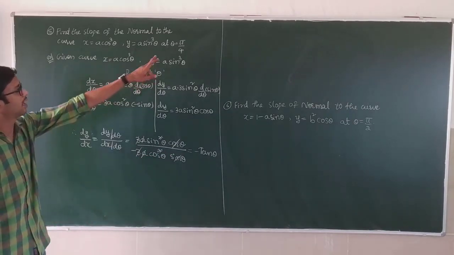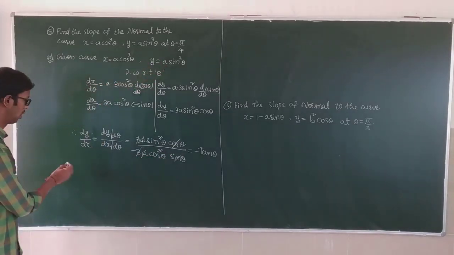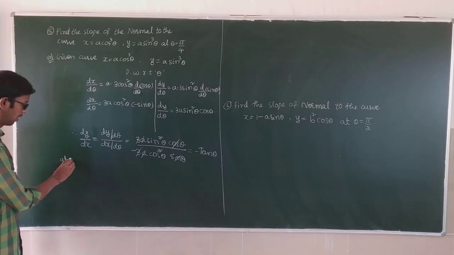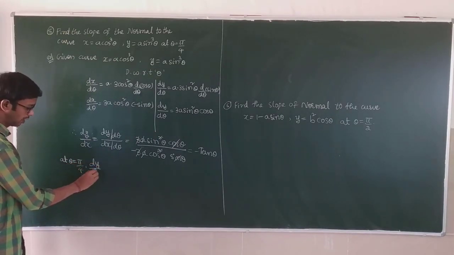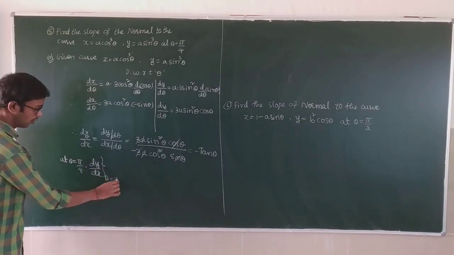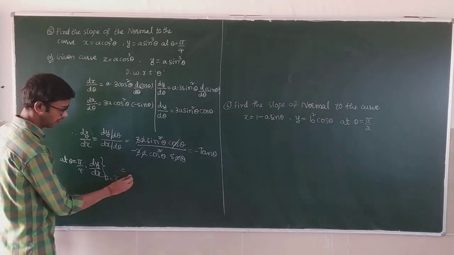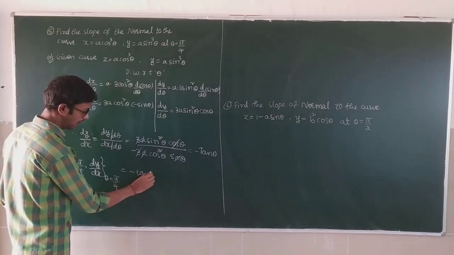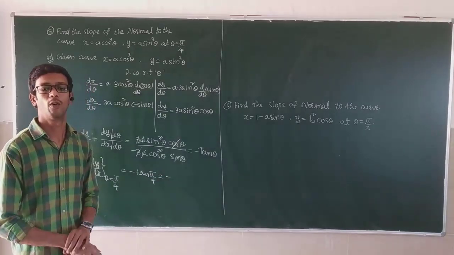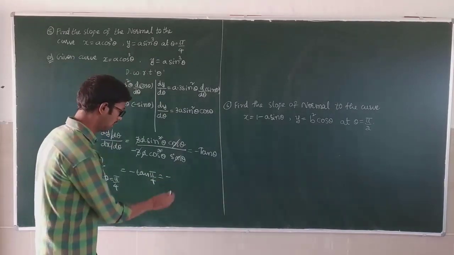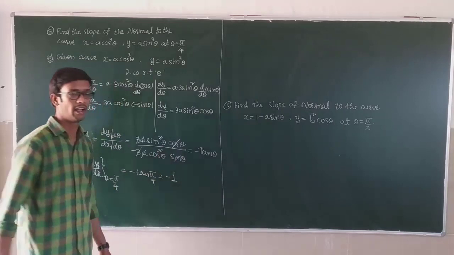At which point is it asking? At theta is equal to pi by 4. So dy by dx at theta is equal to pi by 4 is equal to minus tan pi by 4. Tan 45 degrees is 1, so minus 1.